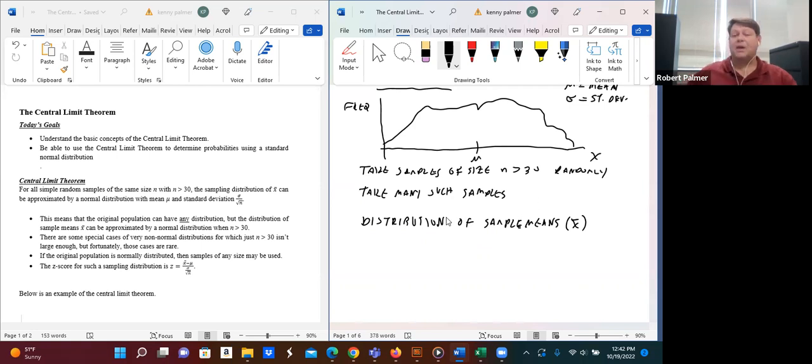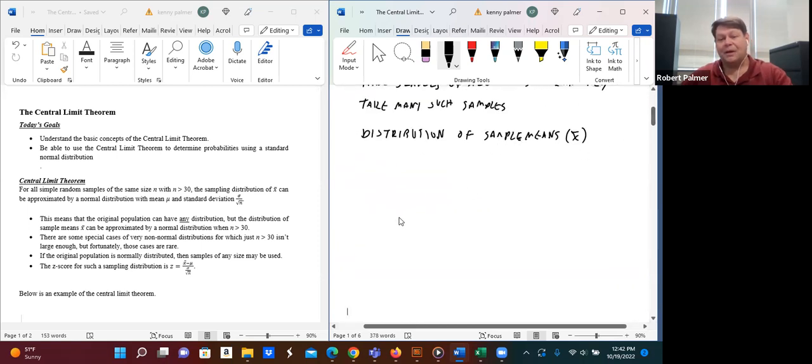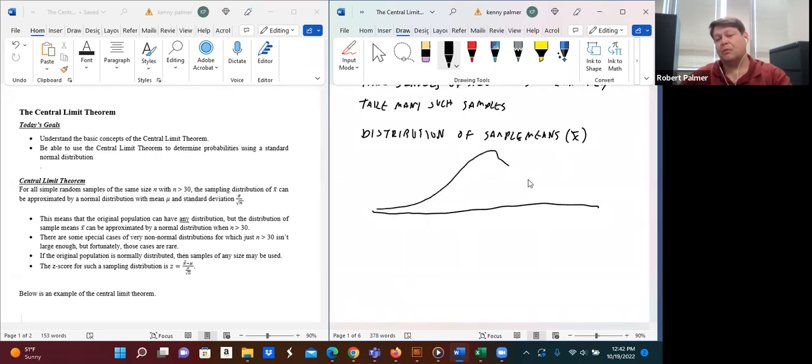Okay, so we're going to take all these samples, size bigger than 30. We're going to find the mean of each one. And what happens then, we make a distribution of all those means, those individual values. We can make a distribution of those, and it turns out that that distribution, as long as your sample size is bigger than 30, will basically have a normal distribution.